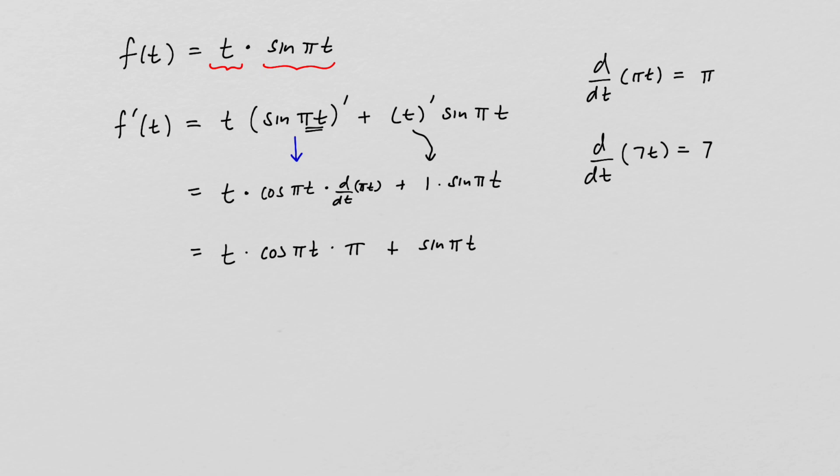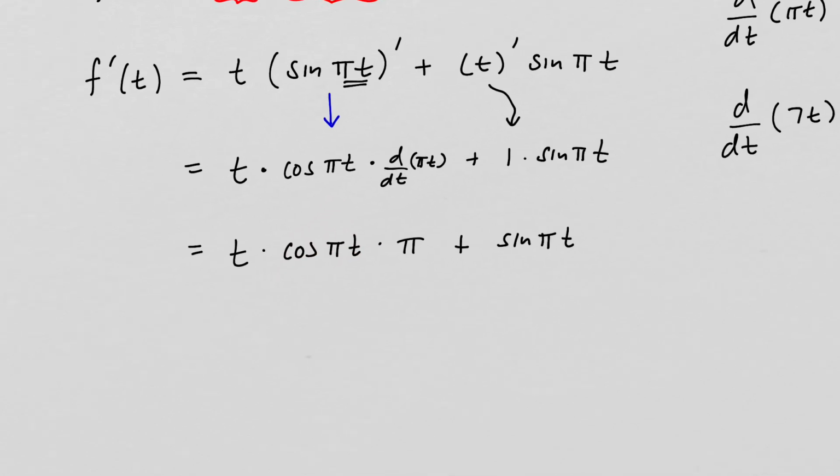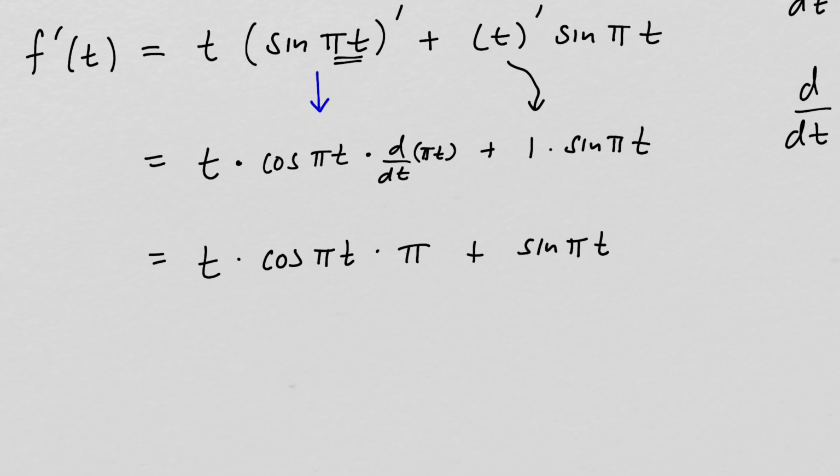Now once you get your answer, it's very important that you write it in the correct format. This pi here should not be multiplied with the pi t, because this is the argument of cosine. To help with this, it is sometimes useful to think of having parentheses there.